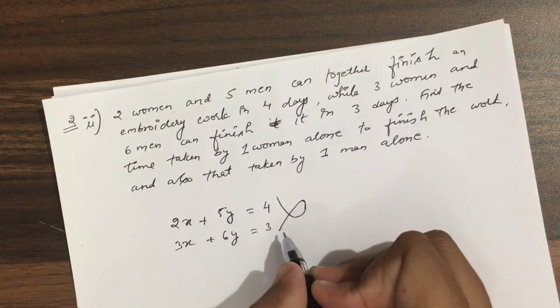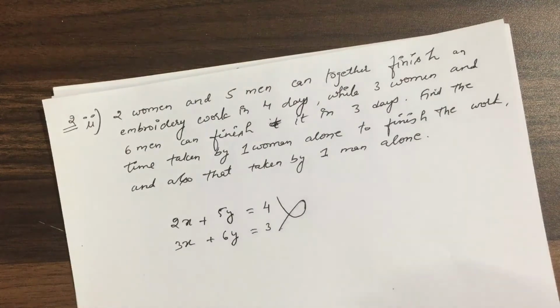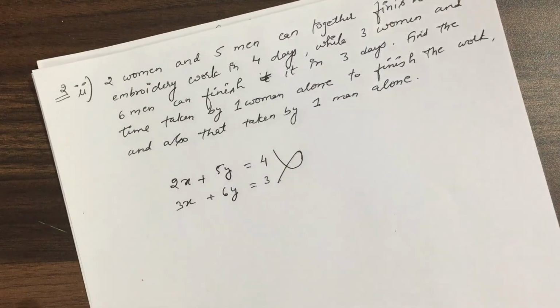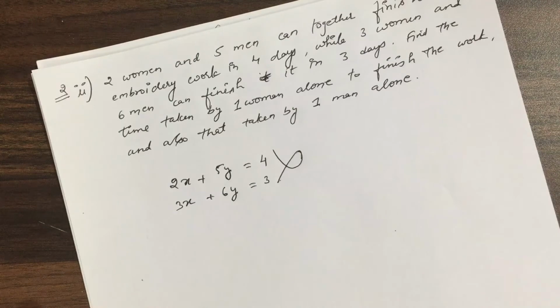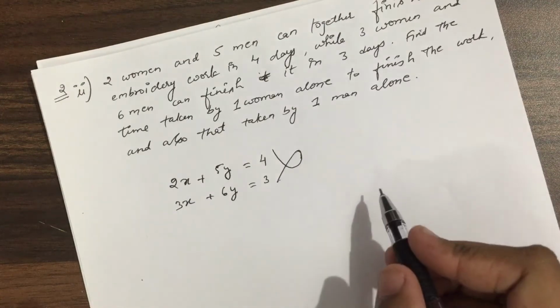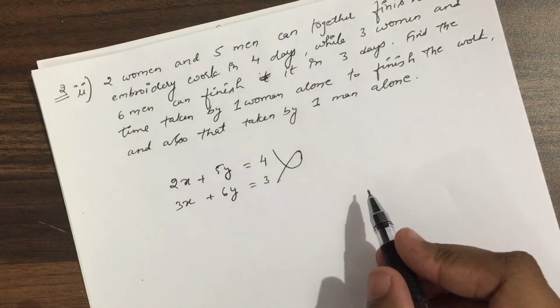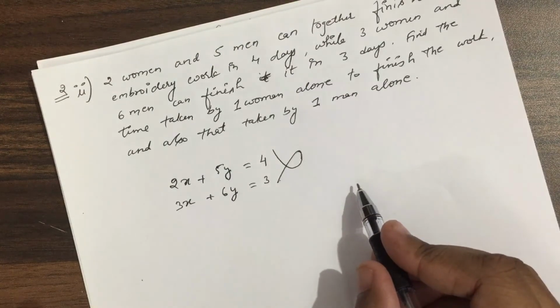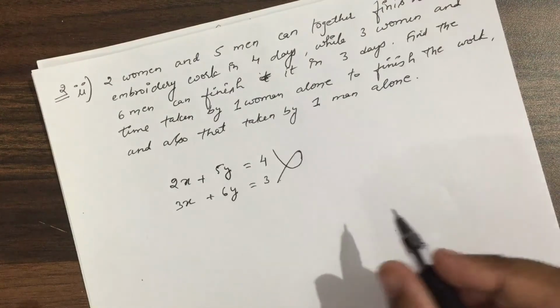Here we will use the unitary method concept. Let us take an example. Suppose a work is given to some person A. He finishes that work in 2 days. So what is the work done on each day?